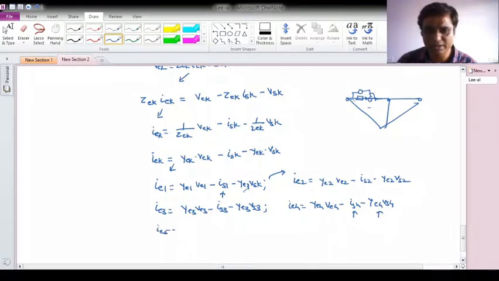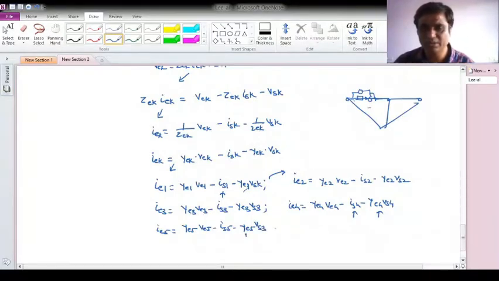Similarly, IE5 will be YE5 VE5 minus IS5 at the fifth branch, where YE5 is the impedance in the fifth branch, with the current source if it is there and the voltage source if it is there. Similarly for the sixth, I can write YE6 into VE6 minus IS6 if a current source is present, and minus YE6 VS6 if a voltage source is present in the sixth branch.